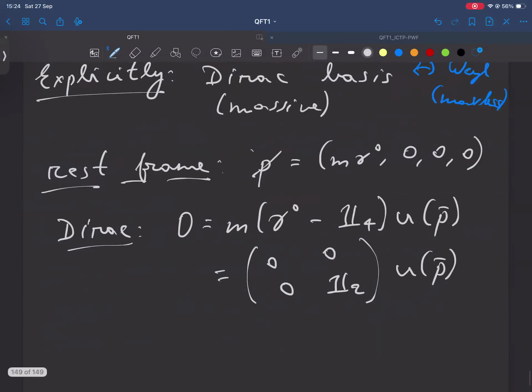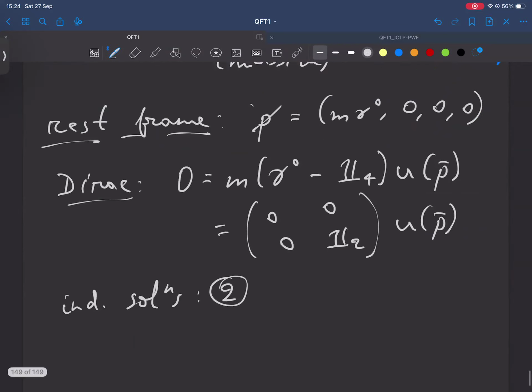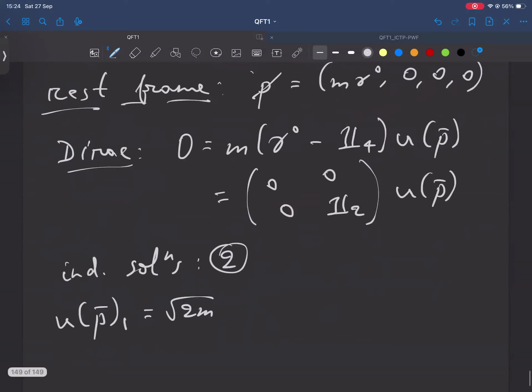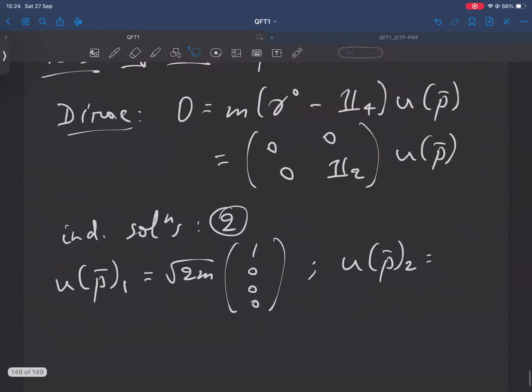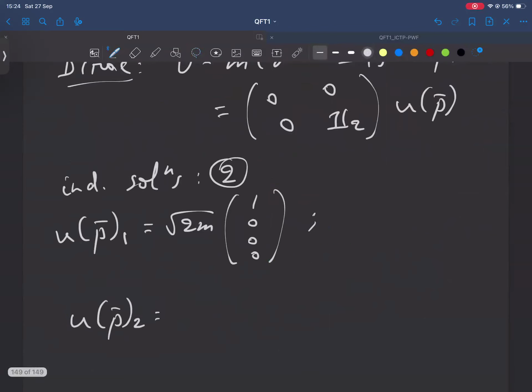Then you will see that you get two independent solutions, and they are u_p^1, which, with the root 2m just for normalization, is the vector 1 and all other entries zeros. And there will be a u_p^2, which is 0 1 0 0.